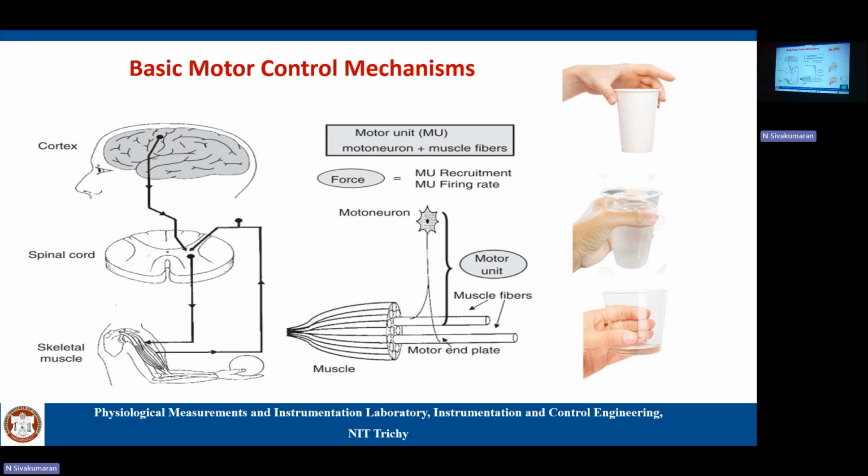The entire system is involved. The brain gives commands to the muscle, and from the muscle some feedback information goes back, and based on that the activity is completed. It's a closed circuit.